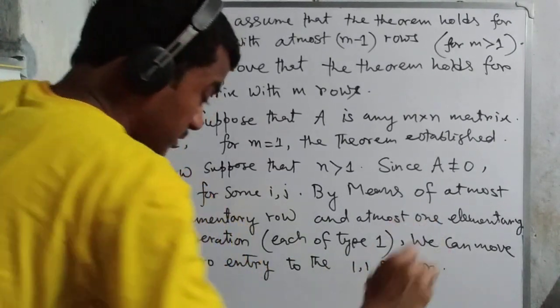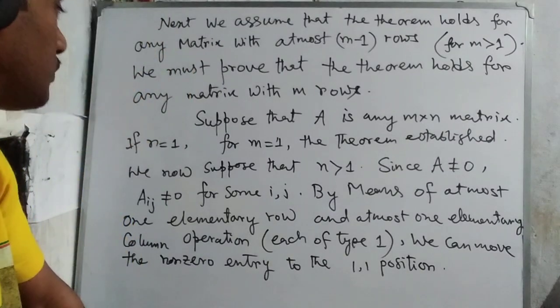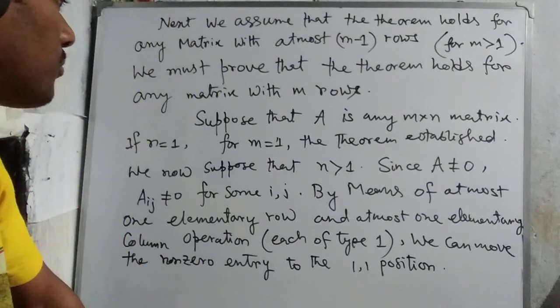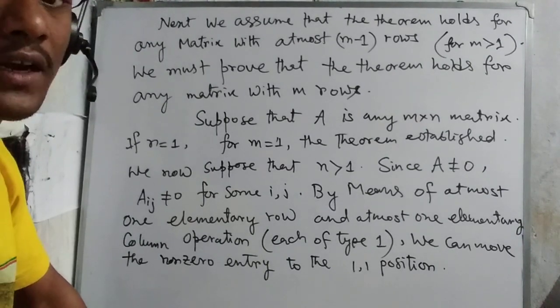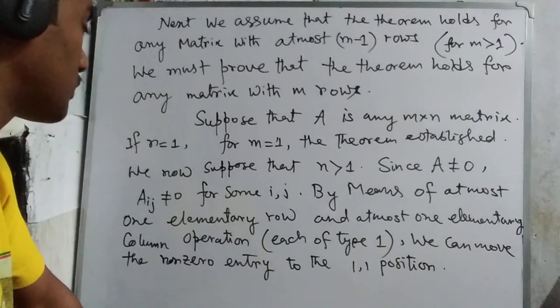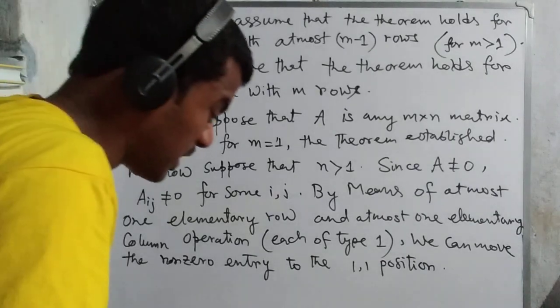Understood? That means first we use type 1 column or row operation, then obviously we get some non-zero entry in the 1 1 position.